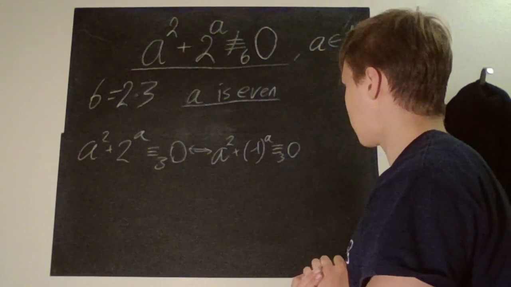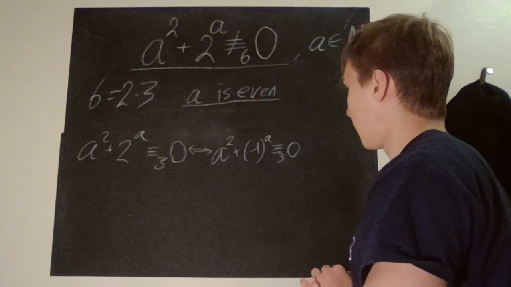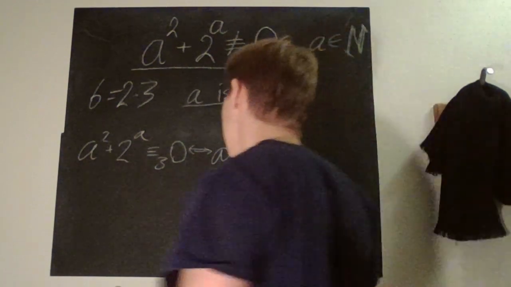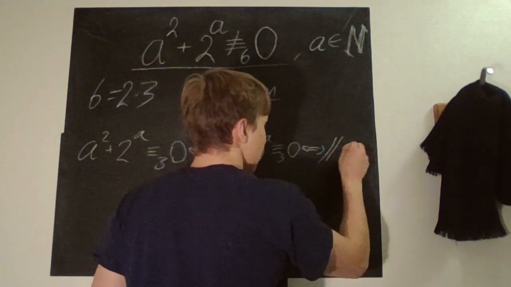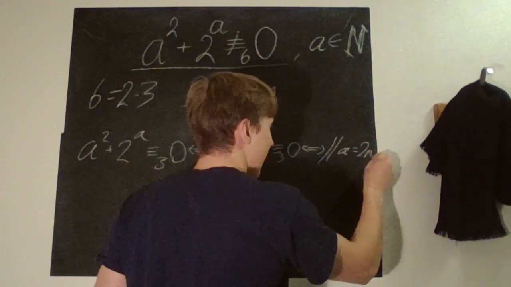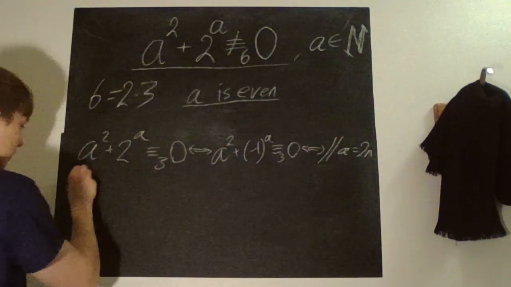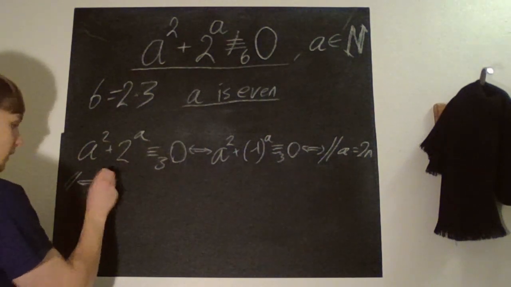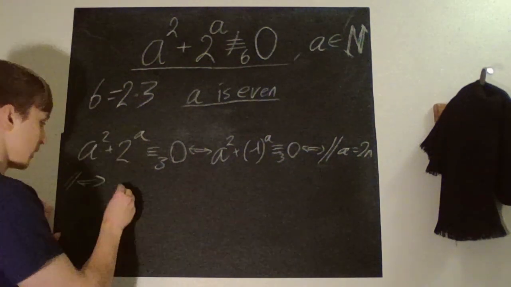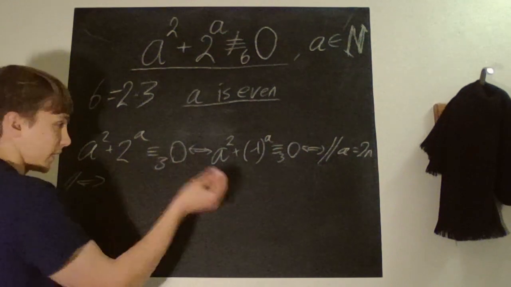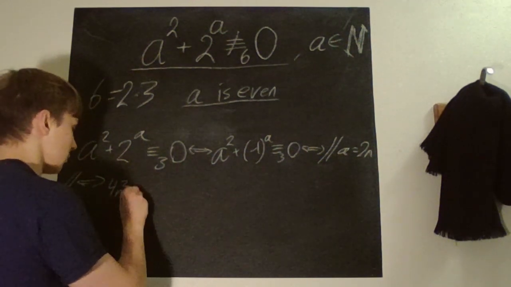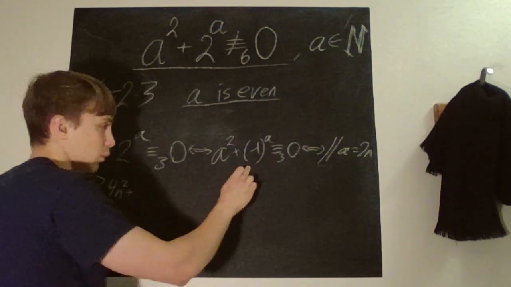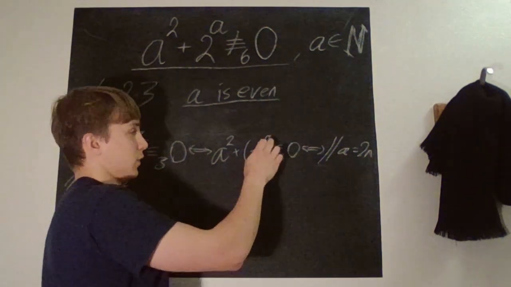So what does this mean then? If a is even, then we can say that a is 2n. So we have 2n squared, which is 4n squared, plus minus 1 to the power of 2n.